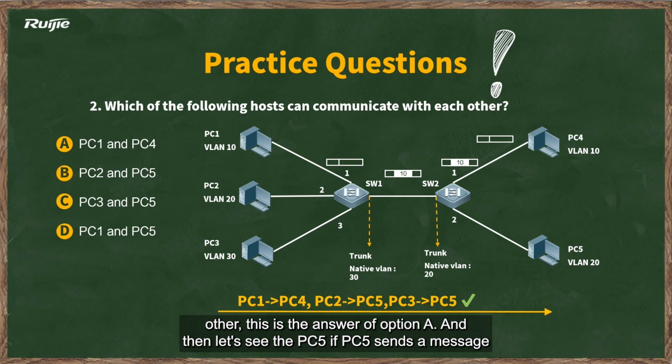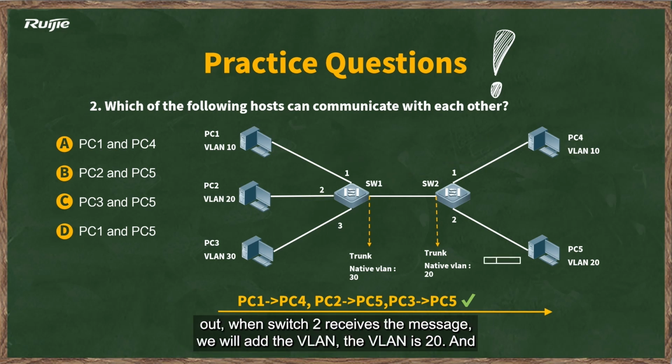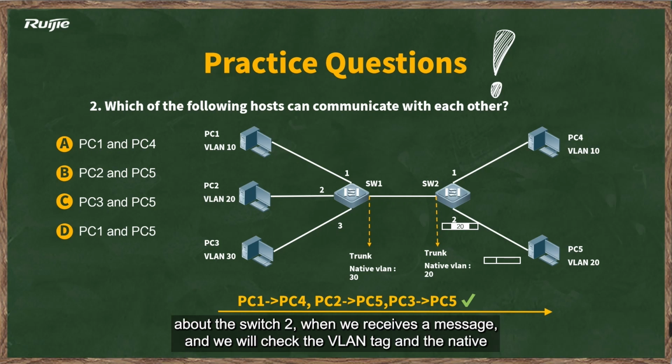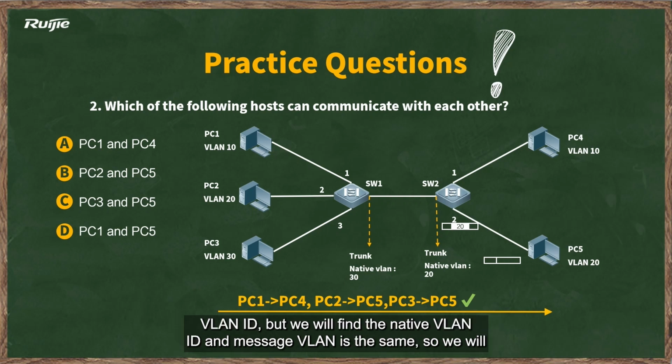And then let's look at PC5. If PC5 sends the message out, when switch 2 receives it, we will add VLAN 20. Then switch 2 checks the VLAN tag against the native VLAN ID, and we find the native VLAN ID and the message VLAN are the same.